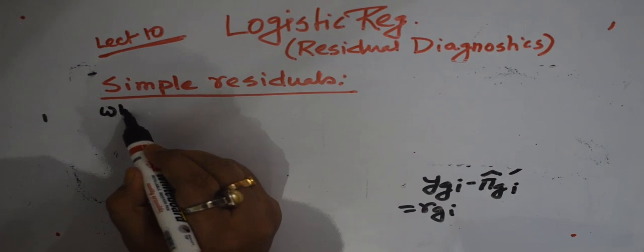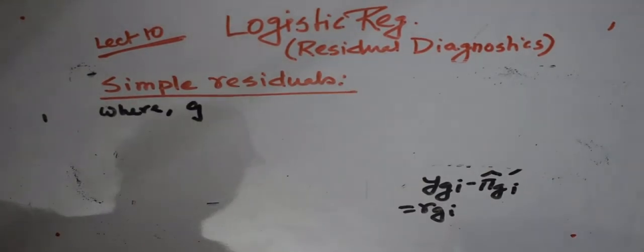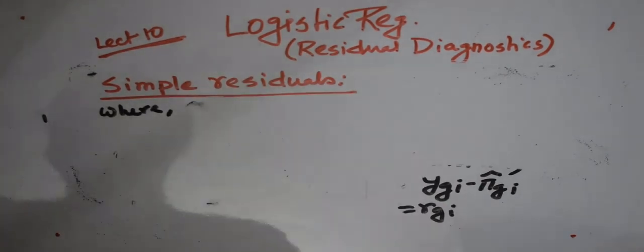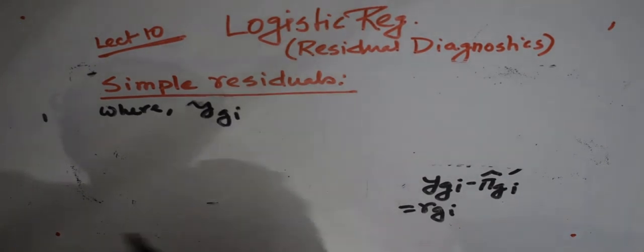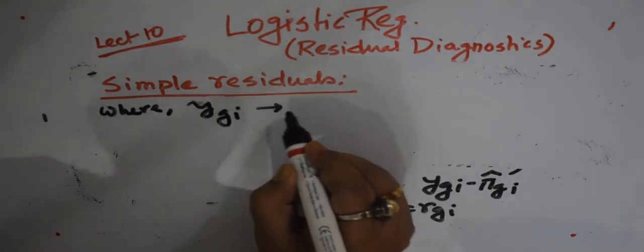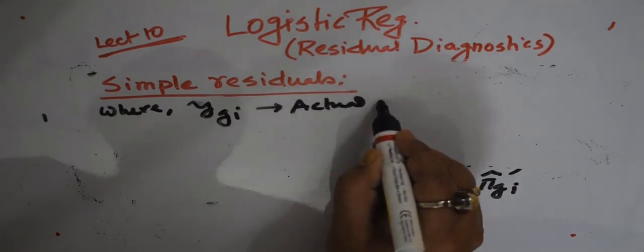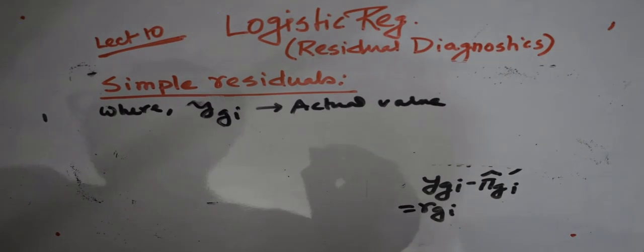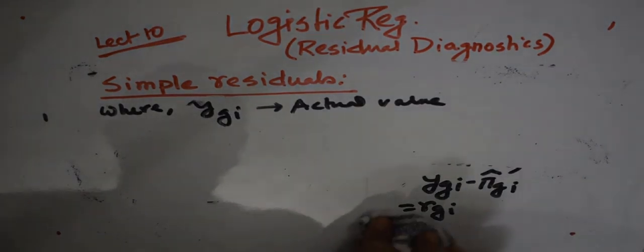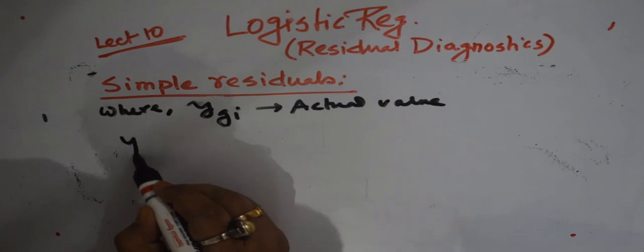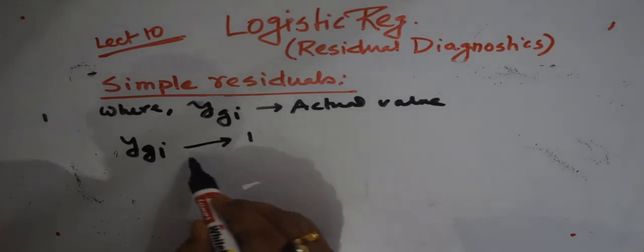Where small ygi is the actual value, and here we observe that there are two residuals. Why? See, ygi takes 1 or 0.